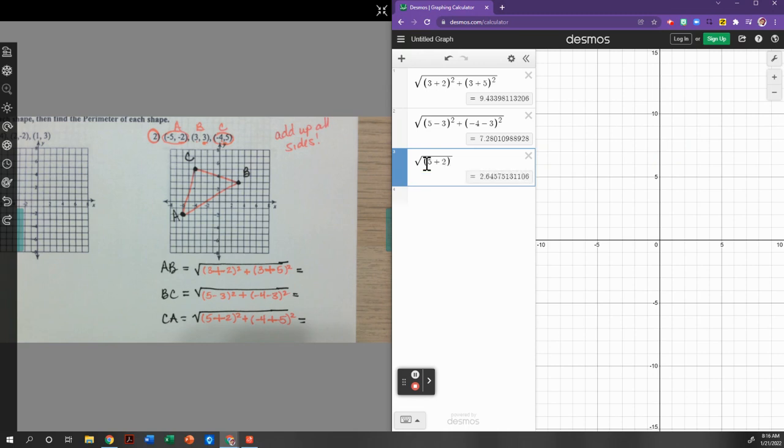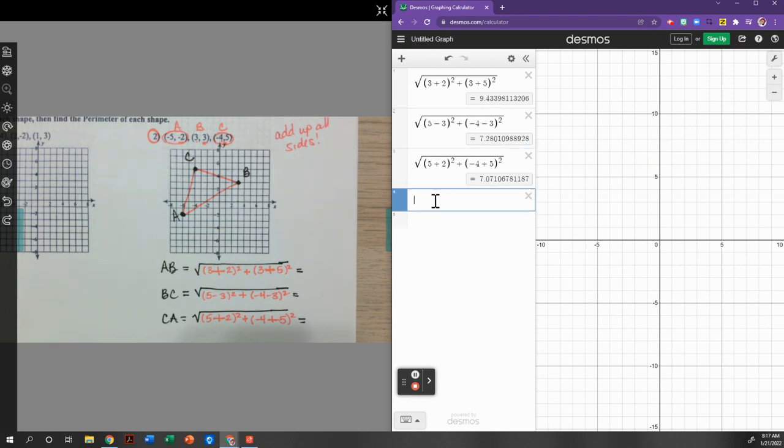5 plus 2 parentheses squared plus -4 plus 5 parentheses squared. So 3 plus 2 plus 3 plus 5 squared, that looks great. 5 minus 3 squared plus -4 minus 3 squared, that looks good. 5 plus 2 squared plus -4 plus 5 squared. Now let's talk about the decimals that I'm going to add up in my last row.